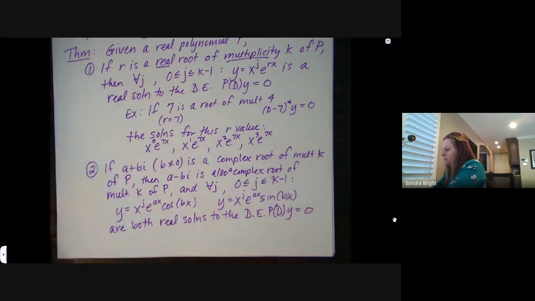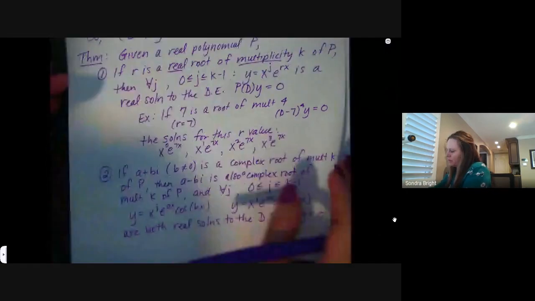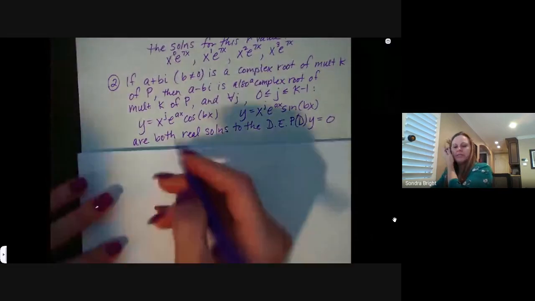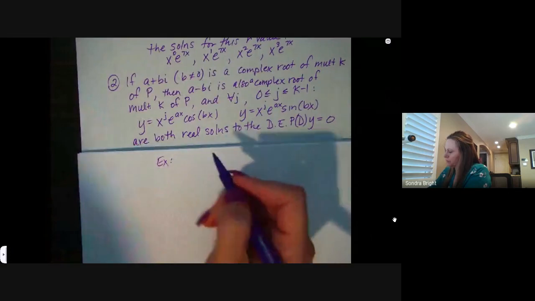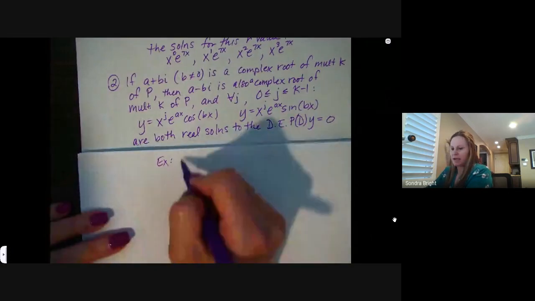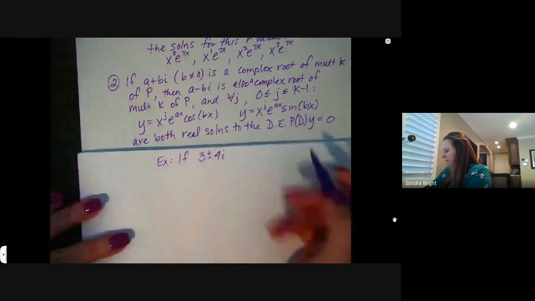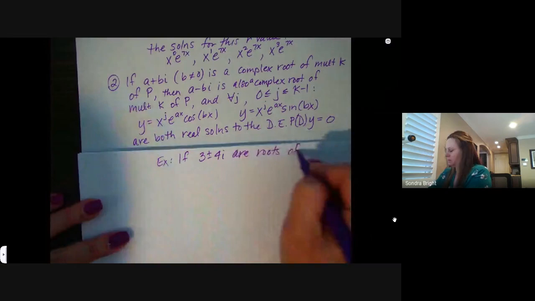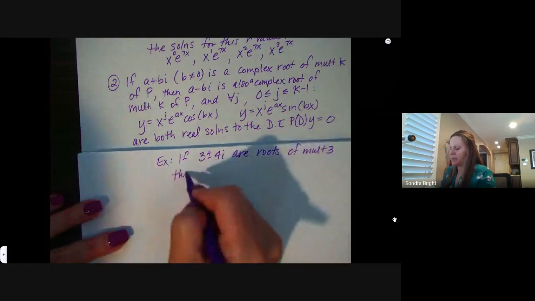All right, so I'll give you a quick little example of that one. So example on part 2 is that, if 3 plus or minus 4i are roots of multiplicity 3, then the solutions would be what?